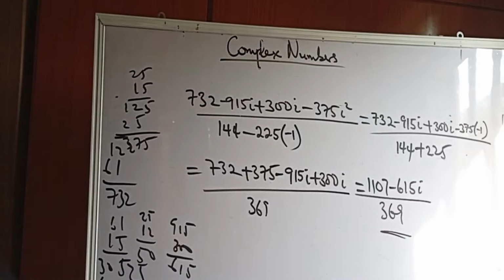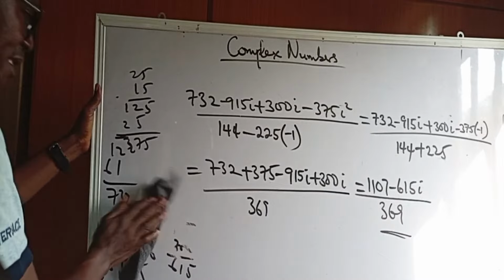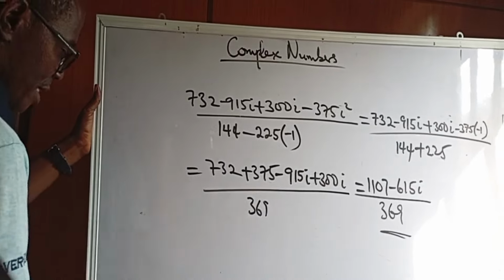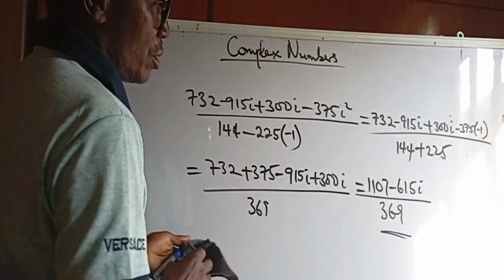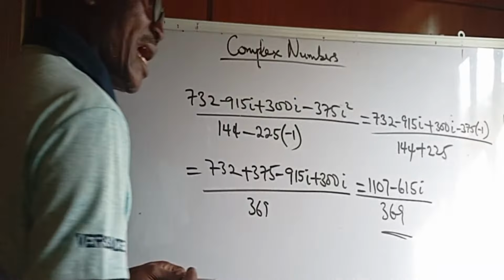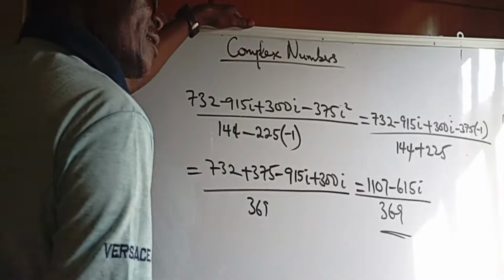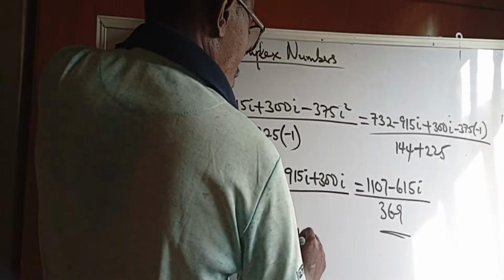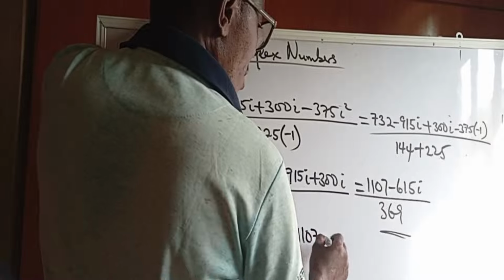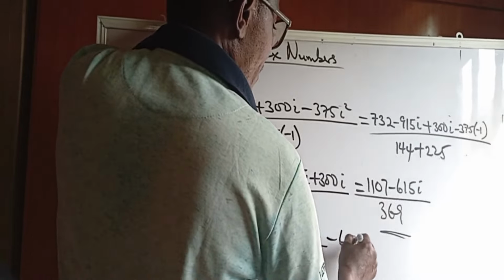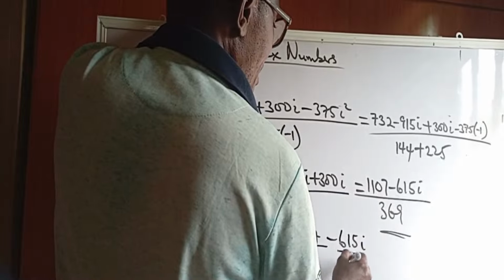This value looks very big. But that notwithstanding, what is important is for you to get the answer correctly. So if you want to write, you can leave it like this, but it's not really proper. Let's write it in a proper complex way. So we have 1107 all over 369, then minus 615i all over 369.